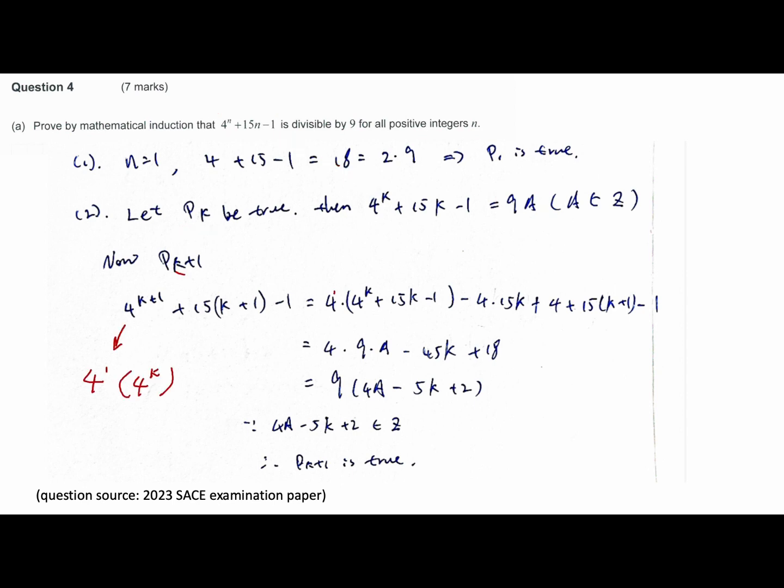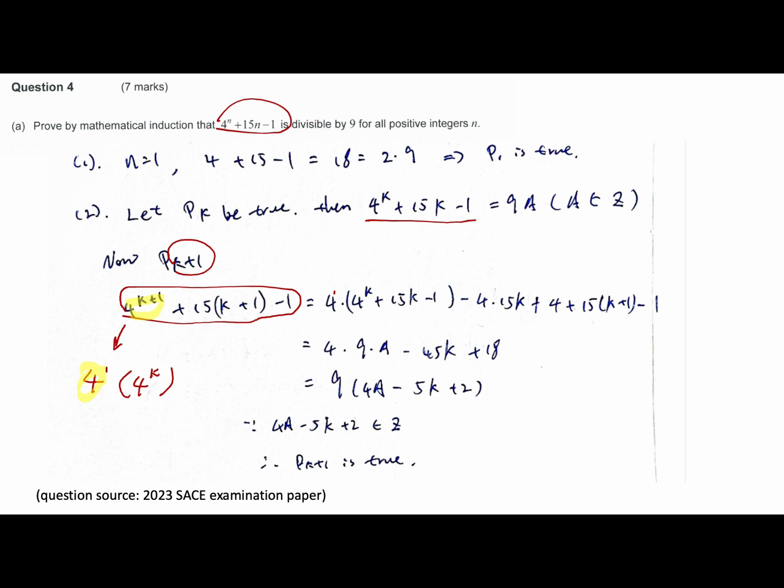So we use k plus 1 to substitute in this expression, and we get this one. And then, because I said that if we want to use our assumption to substitute, we need to rearrange the expression to look like the assumption. Here, I would split the power, this one, into 4 times 4k.